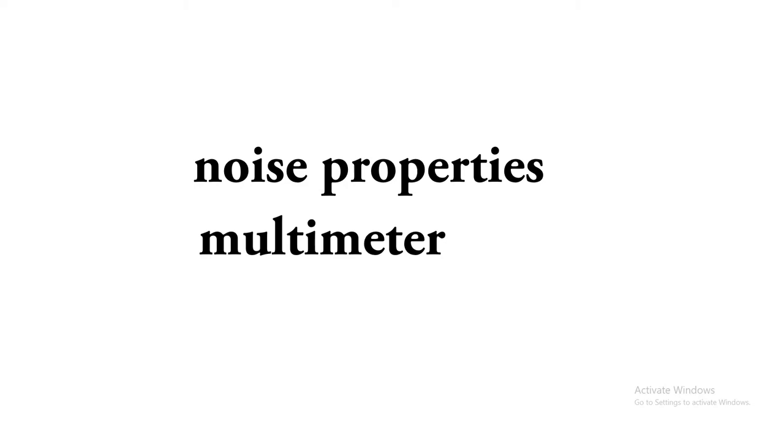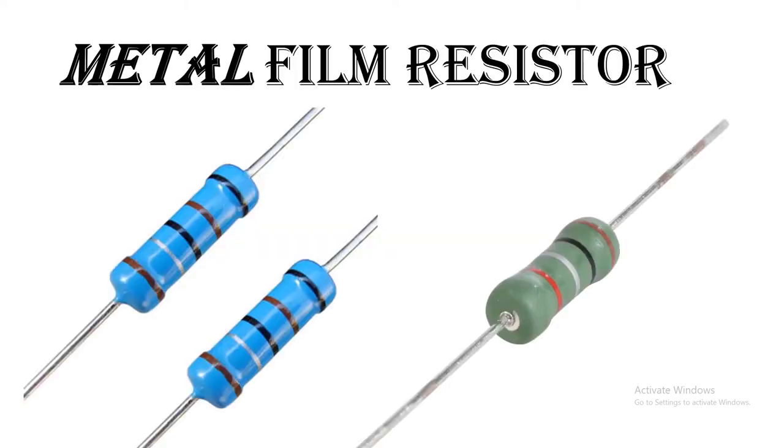The error of this resistor is very low. And we are also using a metal film resistor on signal generating circuits. For example, remote control circuits, radio circuits, or other signal generator circuits. Because this resistor is giving the correct value, correct signal.